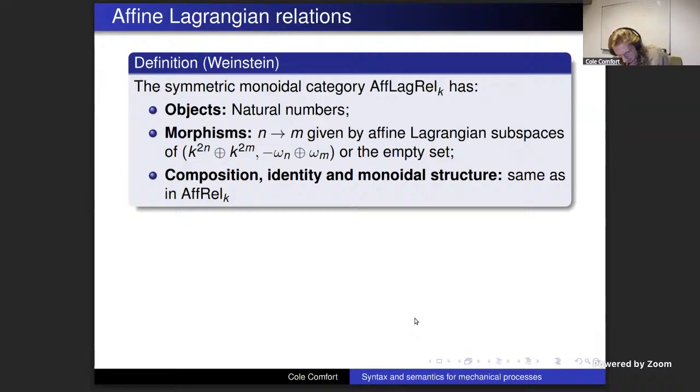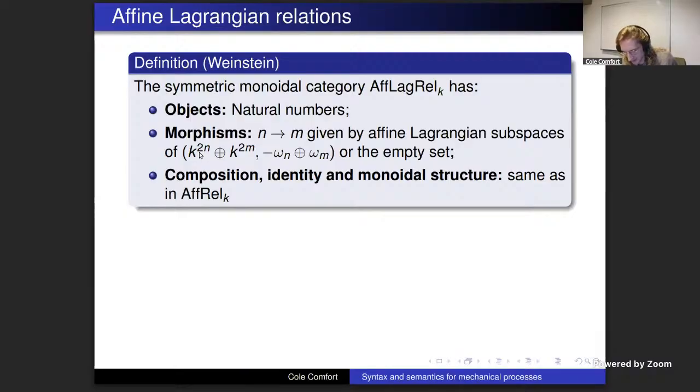So just like for affine relations, there's a category of affine Lagrangian relations. And again, the objects are natural numbers. And now the morphisms are these affine Lagrangian subspaces. And note that for an object being n, the morphisms correspond to a subspace of k to the 2n.